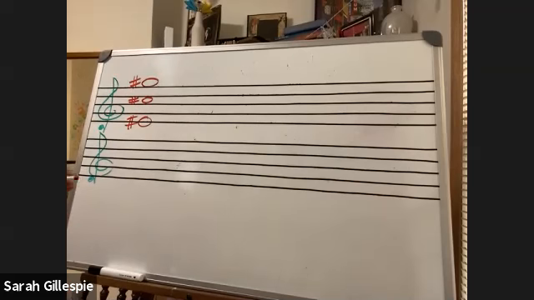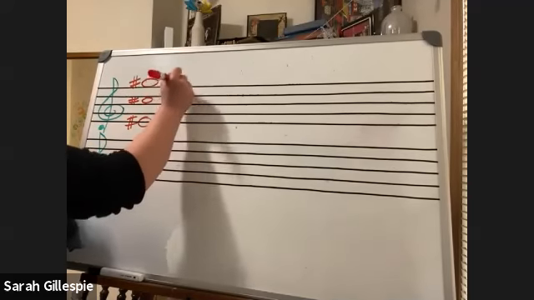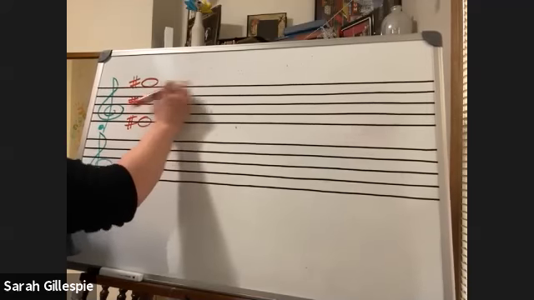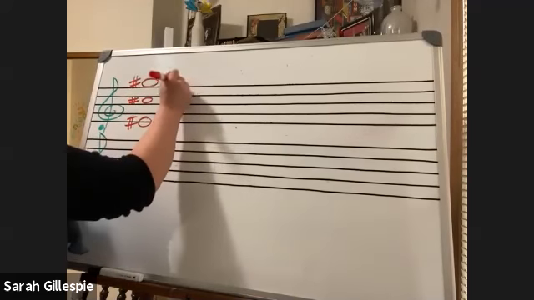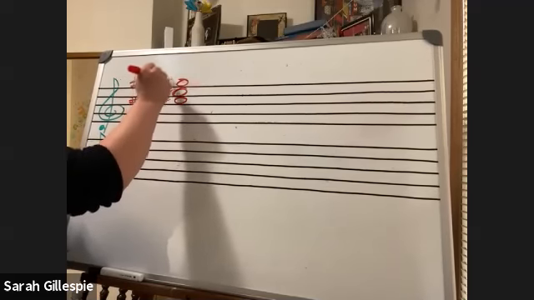Erin, you want to stack these in thirds for me? Would you move the E up an octave? Yeah, you could just move the E up an octave. So let's sharp everybody, because that's the crazy key we're in.